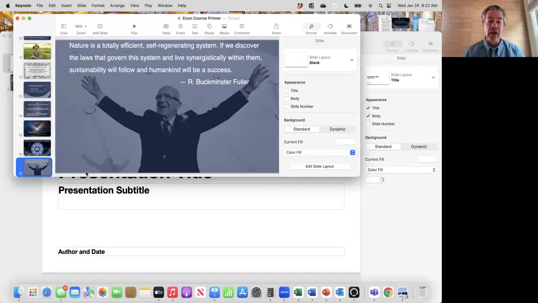If we discover the laws, I would say patterns and principles, that govern the system and live synergistically within them, in other words, if we align with these patterns and principles, sustainability will follow. In other words, sustainability is the outcome of aligning with the process of regeneration, and humankind will be a success.